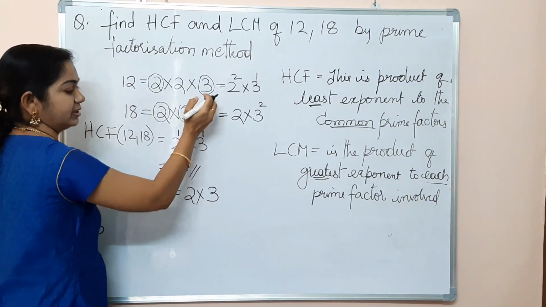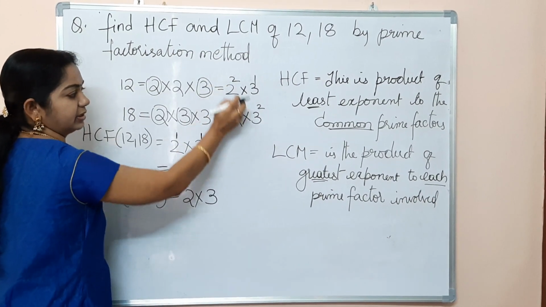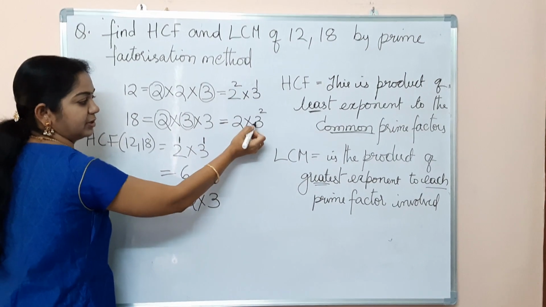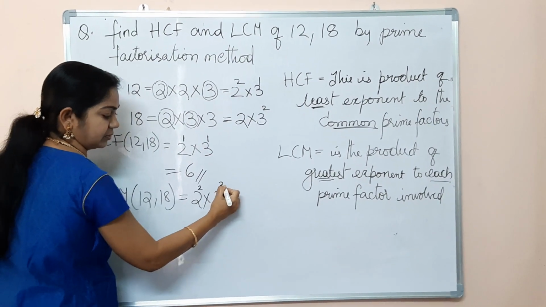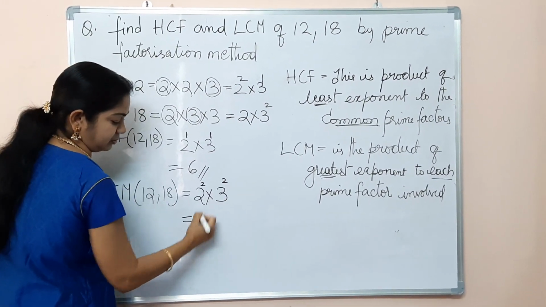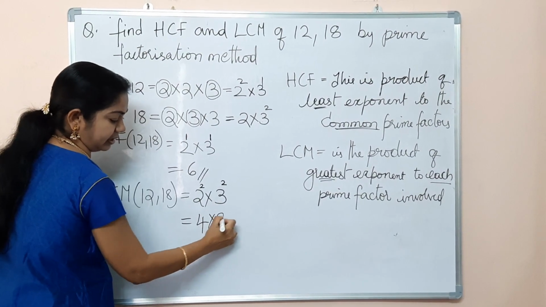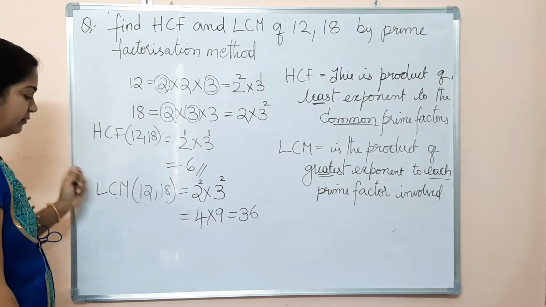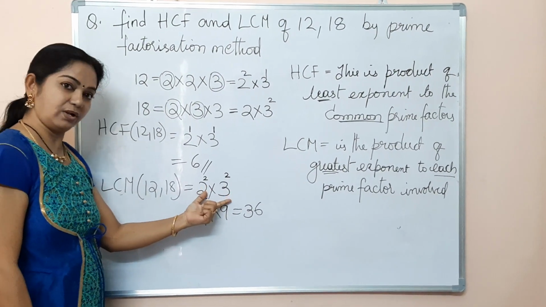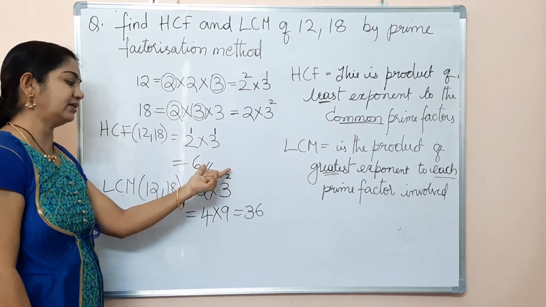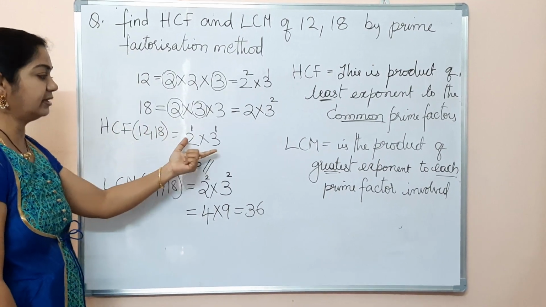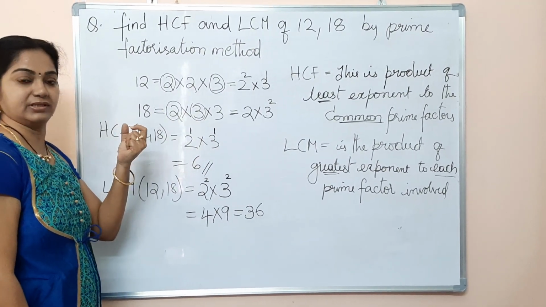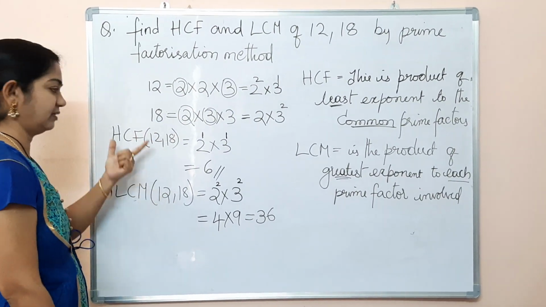The greatest exponent of 2 here is 2, and the greatest exponent of 3 is 3 square. That comes to 4 into 9, that is 36. So for all the prime factors we write the greatest exponent, and for the common factors we write the least exponents. That is the difference between HCF and LCM.